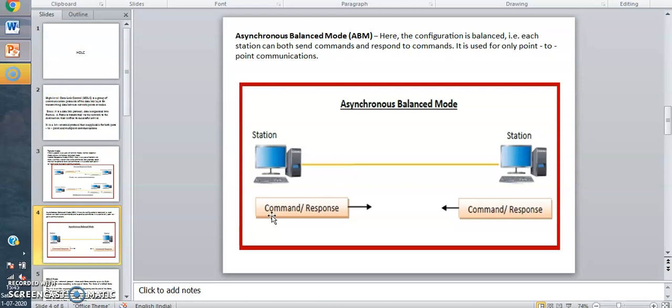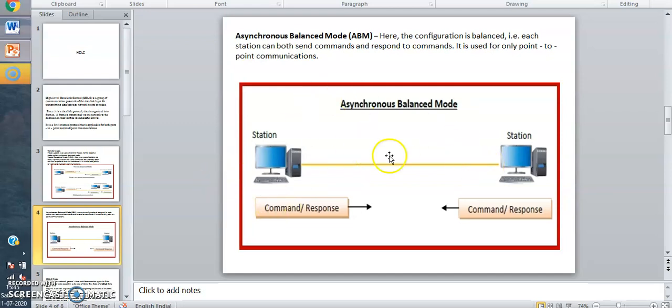It is used only for point-to-point communications, and it is not at all used for multi-point communications. In ABM, the link is point-to-point and each station can function as a primary and secondary.